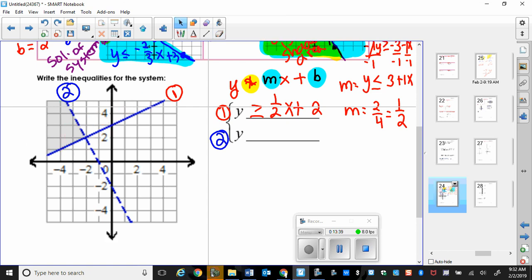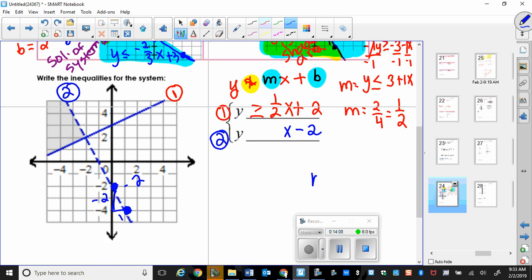Okay? Now second line, my y-intercept is down here at negative 2, so I'm going to replace that b with negative 2. My x comes down, of course. Now my slope, if I start here, create a right triangle, I go down 2, so down 2 over 1.